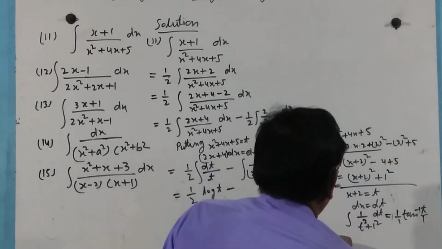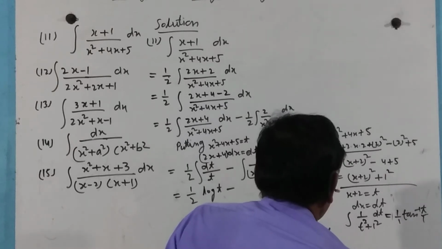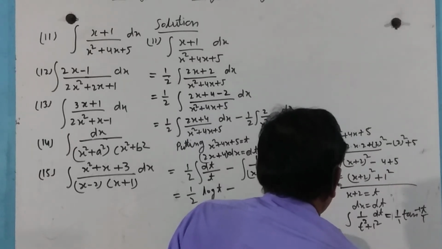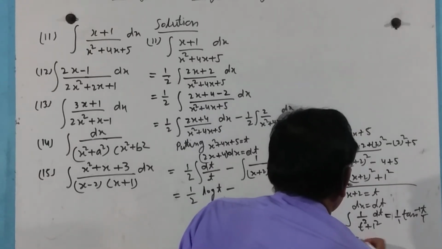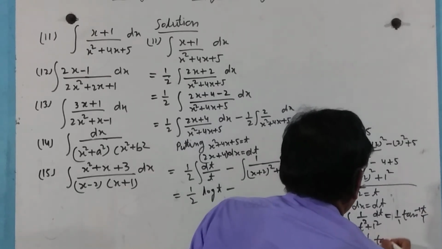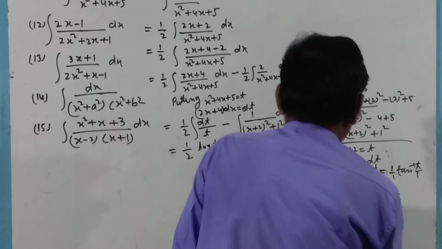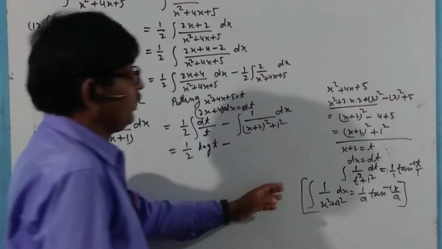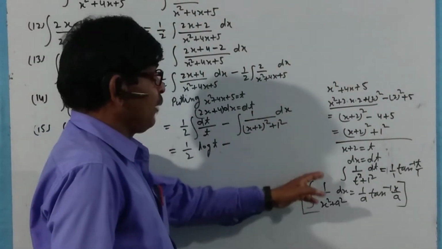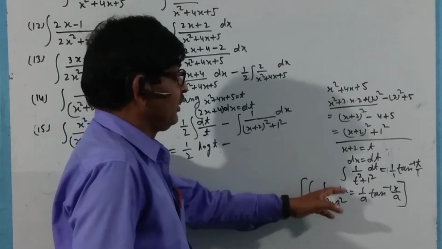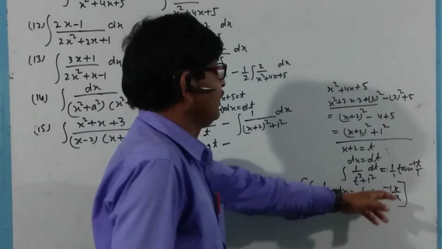As you know the formula: integration of 1 by x square plus a square dx equal to 1 by a tan inverse x by a.